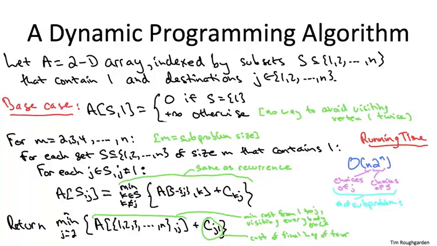How much work do you do per subproblem? Well, you have to execute this brute force search over the choices of the vertex k, the second to last vertex on the path. K could be almost anything in the set capital S. Capital S could have linear size. So you're going to do O of n work per subproblem. Thus, the overall amount of work, as promised, is big O of n squared times 2 to the n.